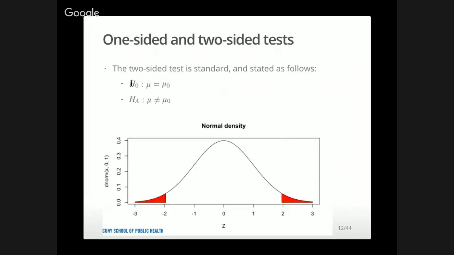In this case, the null hypothesis is written as follows, so this is a two-sided one sample test. It's one sample because we're talking about the mean of a single sample, and the null hypothesis is that it's equal to a hypothesized population mean. And then the alternative hypothesis is that the mean from our target population is different from the mean of our null population.